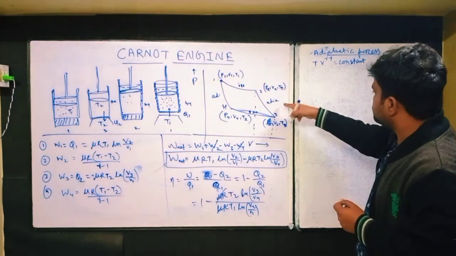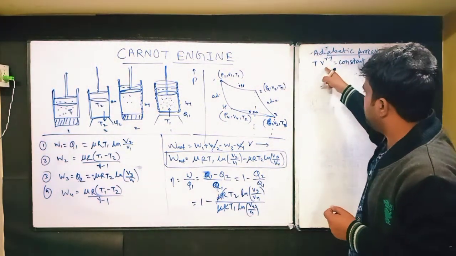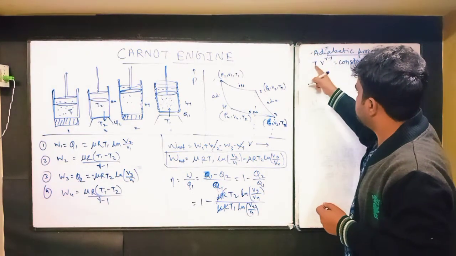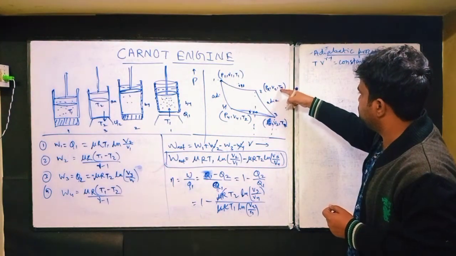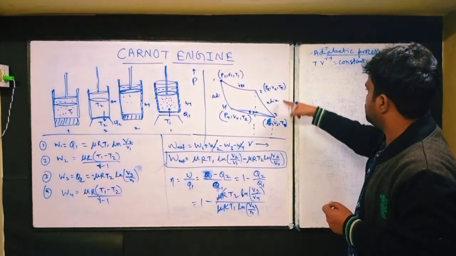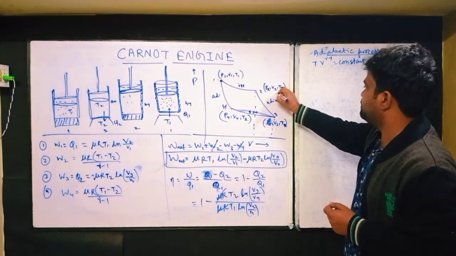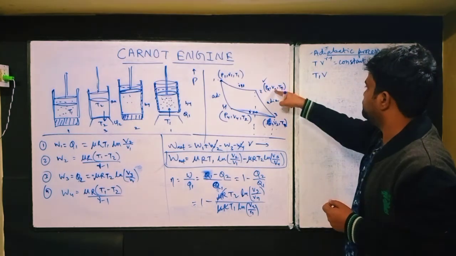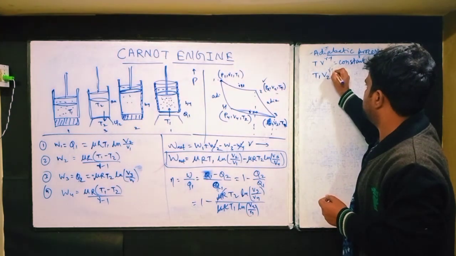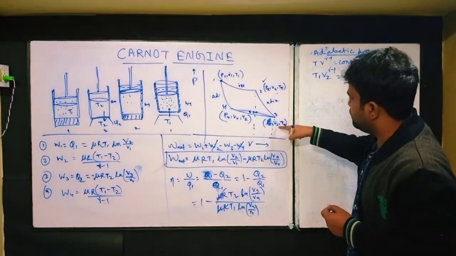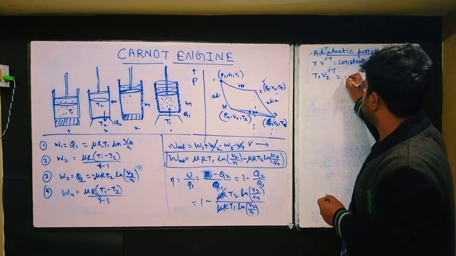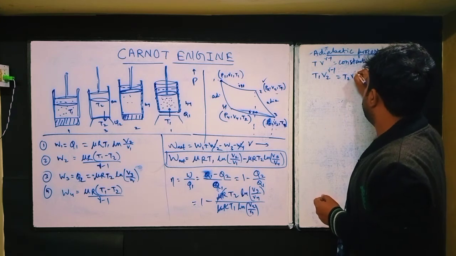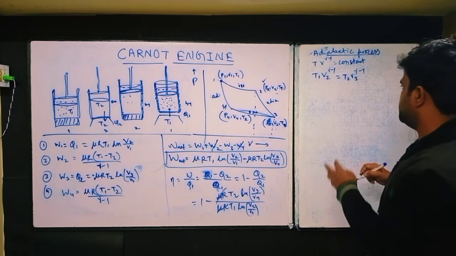Now if I use this law, T V to the power gamma minus 1, the temperature for this adiabatic goes from T1 to T2, right? So for this point I'll use this equation: T1 V2 to the power gamma minus 1 equals, at this position, T2 V3 to the power gamma minus 1, because it's a constant.